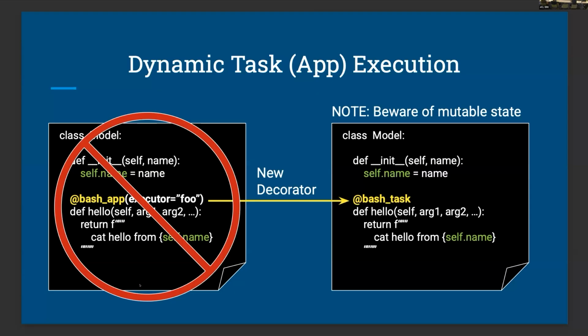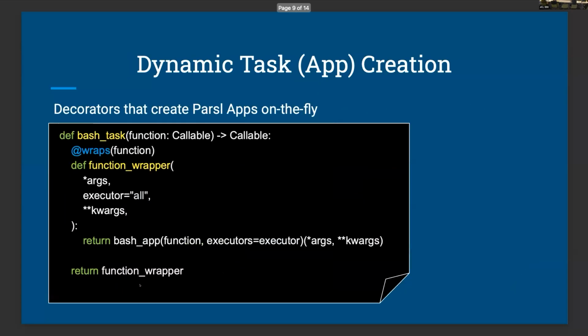And this allows you to make use of self, because self is evaluated when you create the Parsl app. And it allows you to choose where it gets executed, because now you've specified the executor at runtime when it's created.